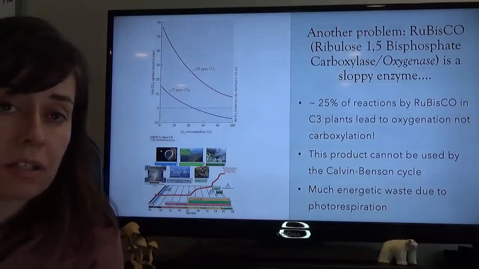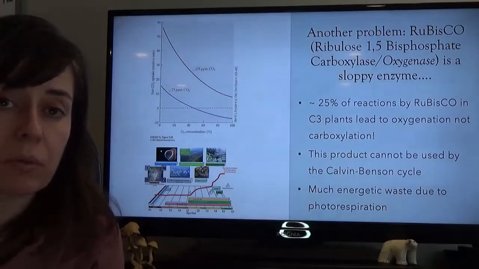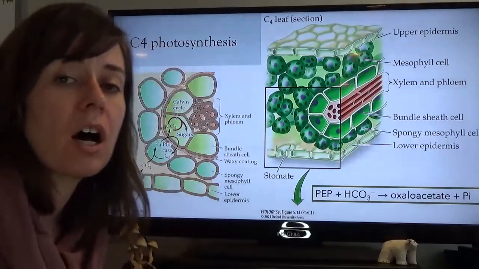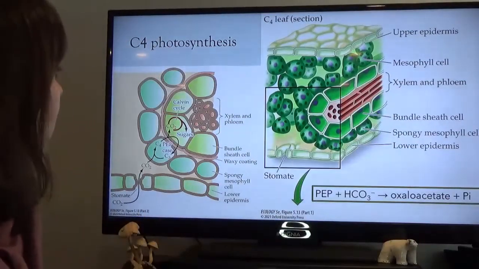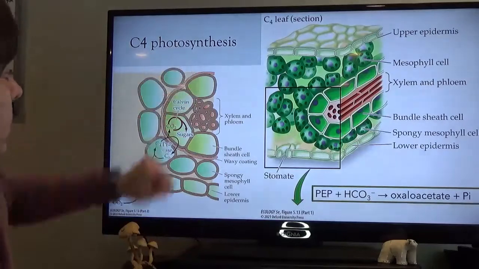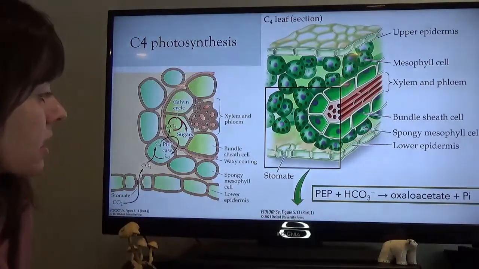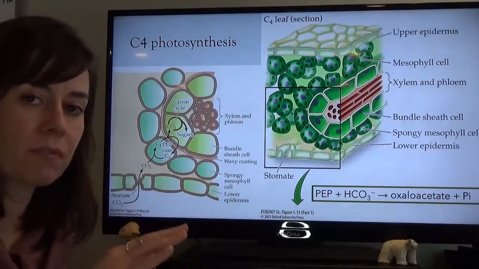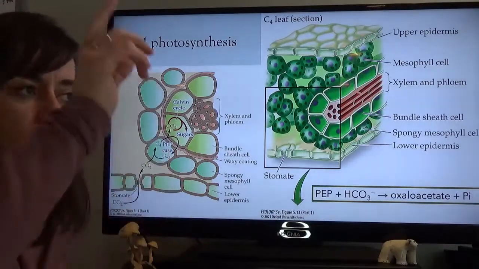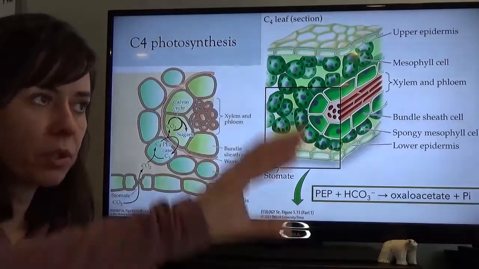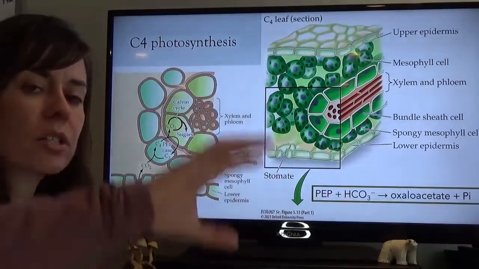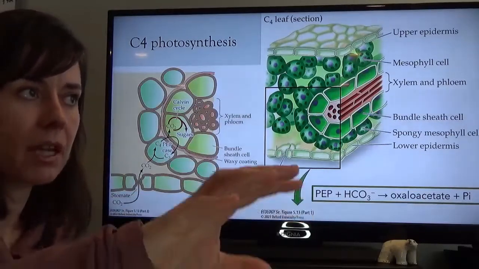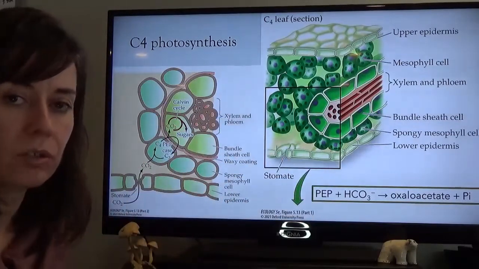So plants, not surprisingly, have evolved some pretty cool adaptations that are seen really commonly in hot and dry environments. The first of these is C4 photosynthesis. When we talk about C3 photosynthesis, we're just talking about that very typical light and dark reactions. You excite electrons, you phosphorylate ATP, you produce NADPH, and that's passed to the Calvin-Benson cycle directly.